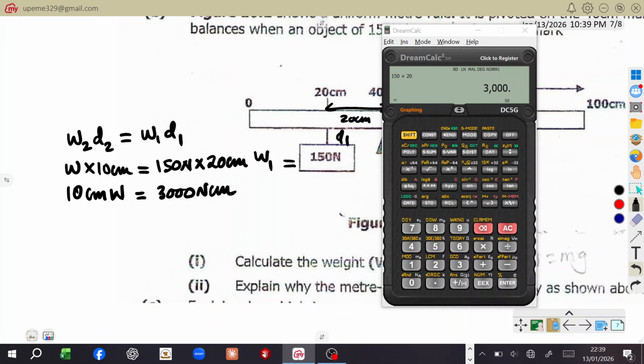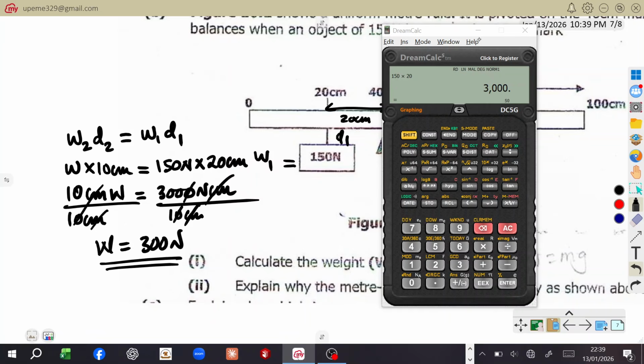So here we'll divide by 10 centimeters, also here by 10 centimeters. So that one goes. So say weight is equal to, this one goes, that one goes. So remain with 1 into 300, 300 Newton. So that would be the weight.